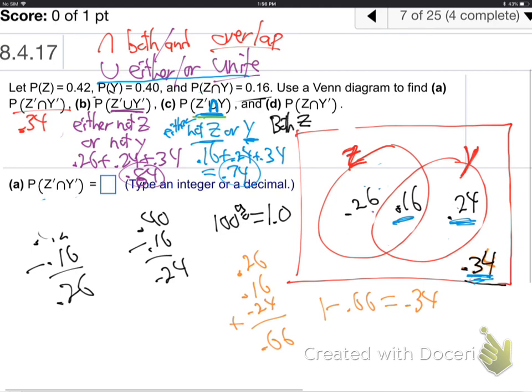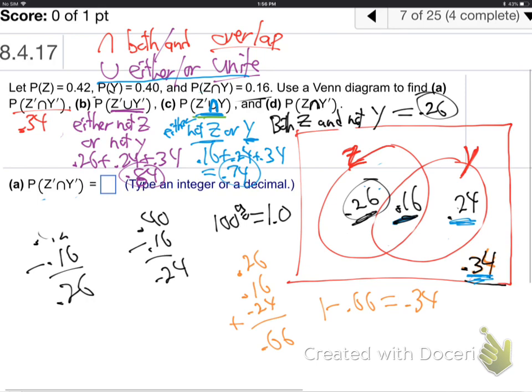This is a both-and, isn't it? This is the U-turn to overlap. Overlap means both. Both in Z and not in Y. So who is in Z? These two. Right? And who's also not in Y? Only that. 0.26, done. It's just one section. The overlap is usually less stuff because you've got to do both. Does that make sense?